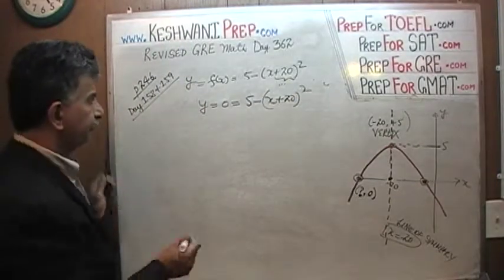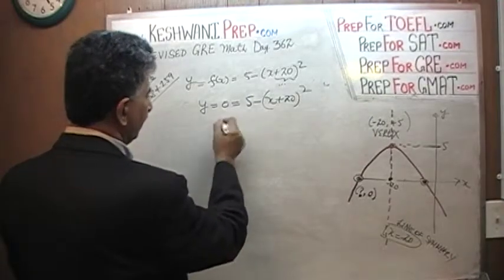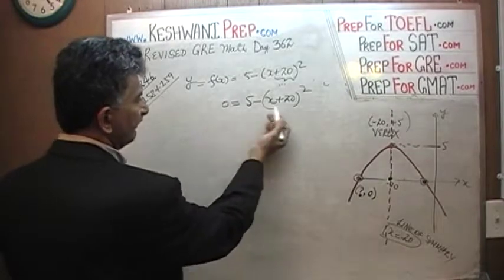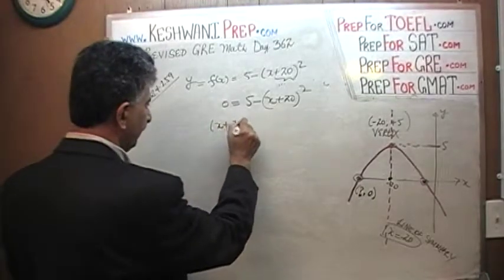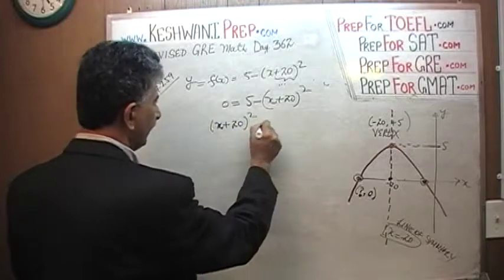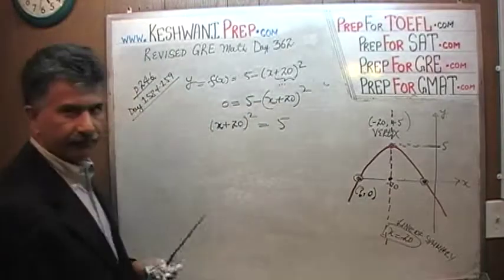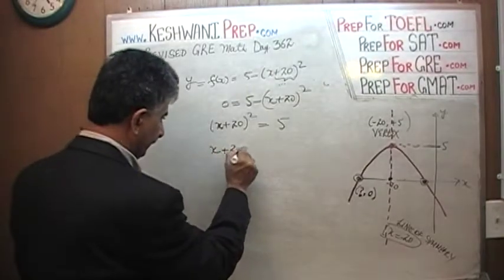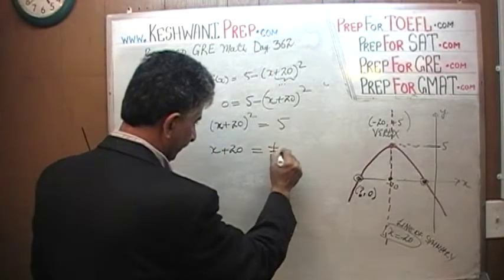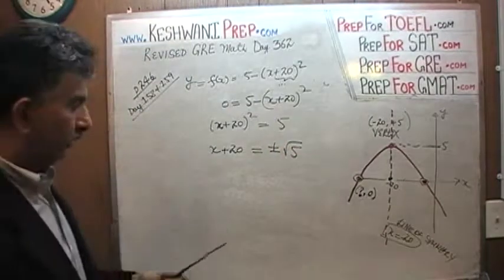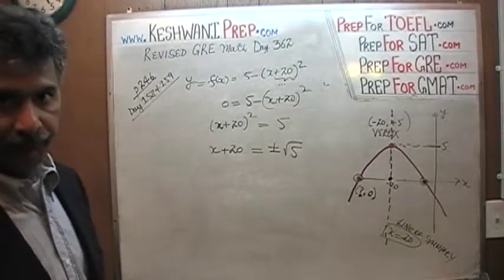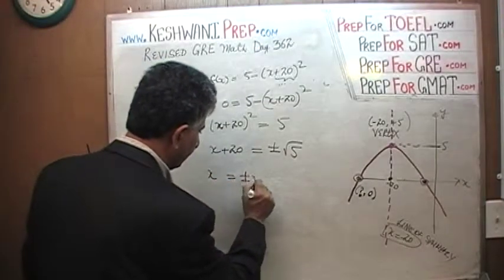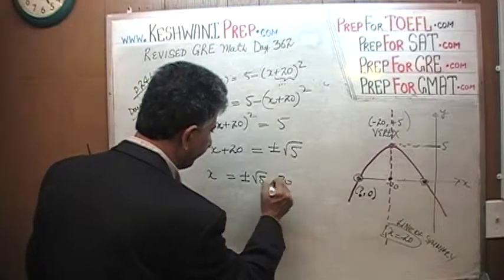So 0 equals this amount, which tells us that (x plus 20) squared equals 5. Taking the square root of both sides, we find that x plus 20 equals positive or negative root 5, which means x equals positive or negative root 5 minus 20.